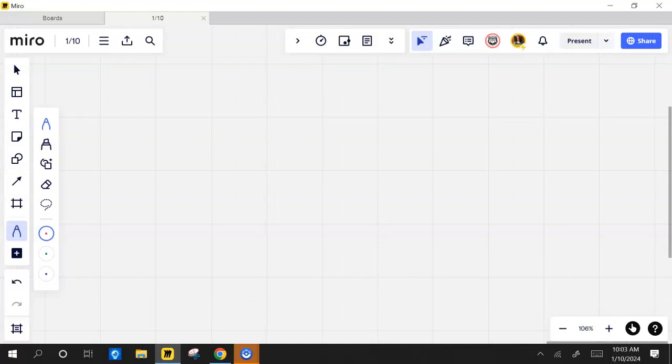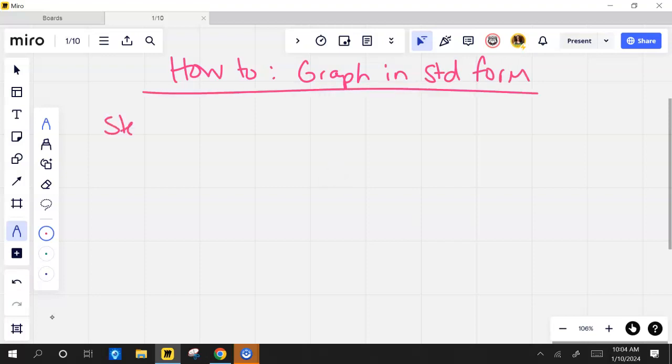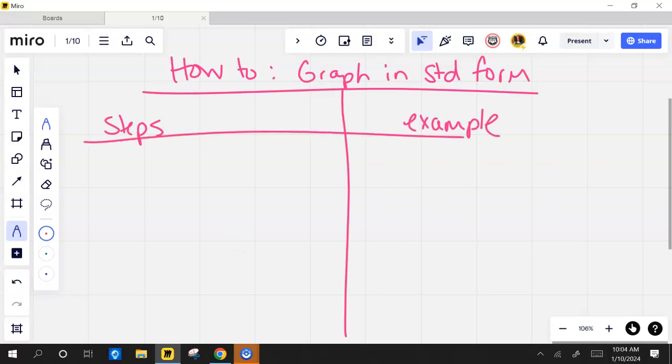All right, let's do... I'm going to do you a little chart. How to graph and things. I'm going to do the steps, and then I'm going to run an example right alongside.